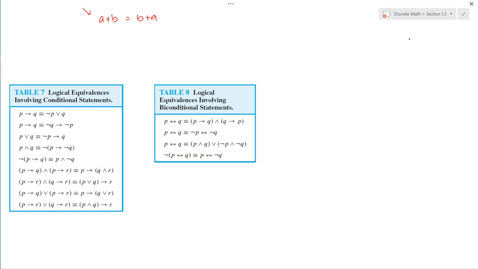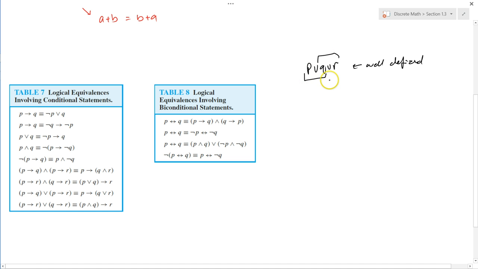The associative law for disjunction shows that this expression, P or Q or R, is well-defined, in the sense that it does not matter whether we first take the first disjunction or the second disjunction, or whether we take the first 2 disjunctions first, or compute the last 2 disjunctions first and then compute the whole value.